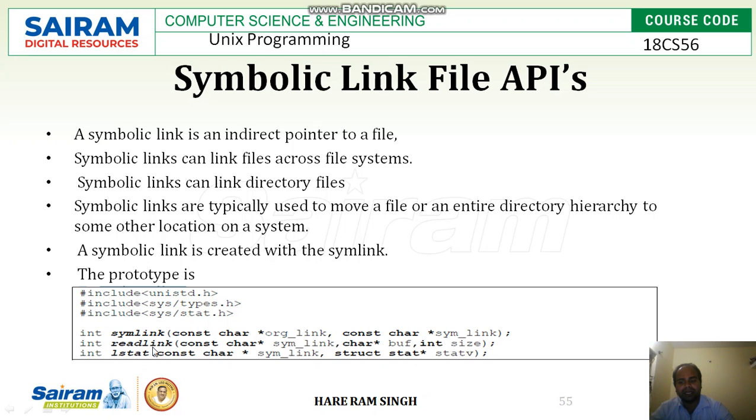Similarly, we have readlink: const char *sym_link, char *buffer, and int size. We want to read from the symbolic link file. The first argument is the symbolic link, which points to the original file, then the buffer, which stores the bytes we want to read, and then the size.